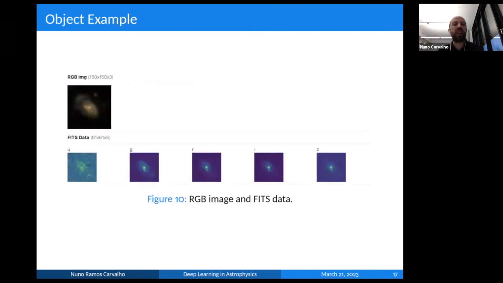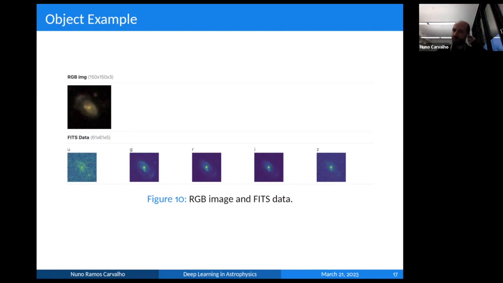And just to give an example, here's a random object from the dataset. You can see the RGB image here for that object. And if you compare this to the image that we saw from the Hubble telescope, you see that these are fundamentally different. The level of quality is, of course, very, very different, but you couldn't do this kind of survey using the Hubble telescope, because to get those images, you need hours of exposure and lots of things going on.